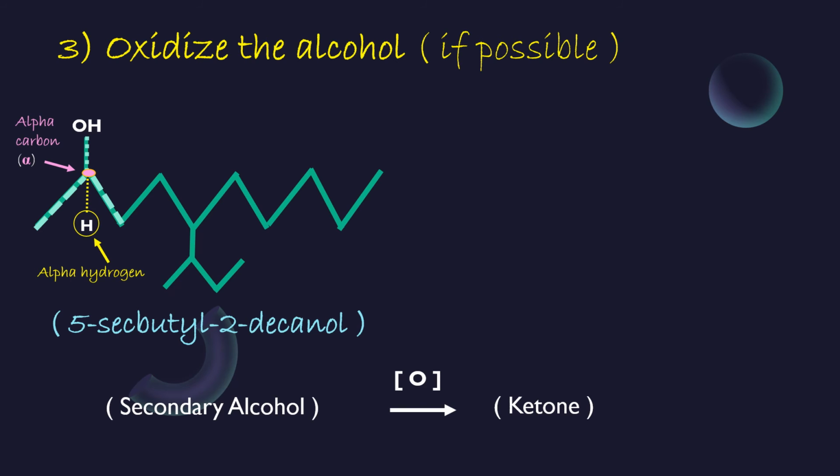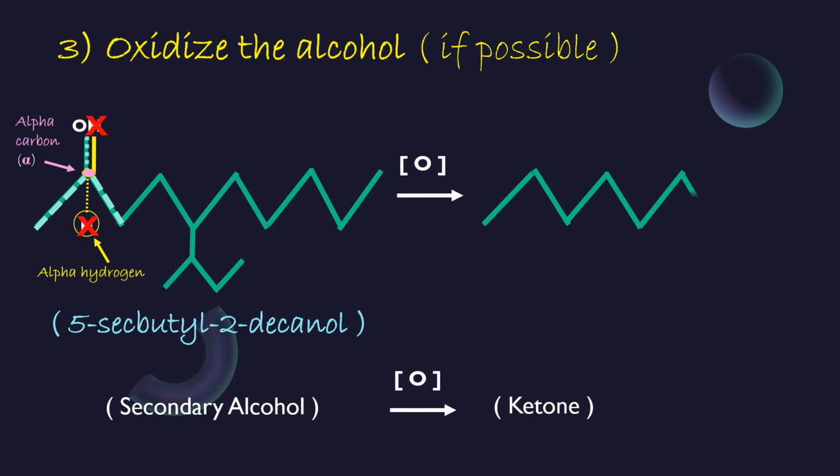The presence of the alpha hydrogen will allow one oxidation reaction of this alcohol, and thus adding another bond here. When doing so, we will eliminate this hydrogen and the alpha hydrogen to satisfy the 4 bonding that the alpha carbon desires. So when we oxidize the alcohol, this becomes our product.